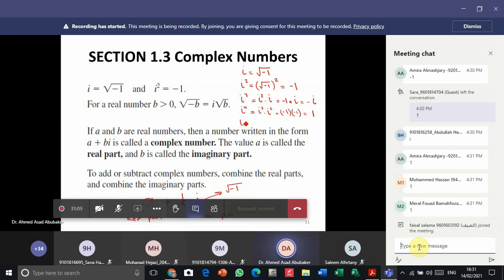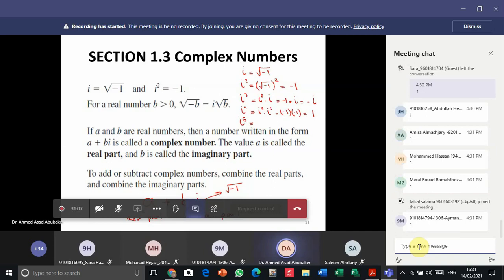I to the power 5 returns to I. Okay? I to the power 6 is the same as I square. I to the power 7 is the same as I to the power 3, and so on.